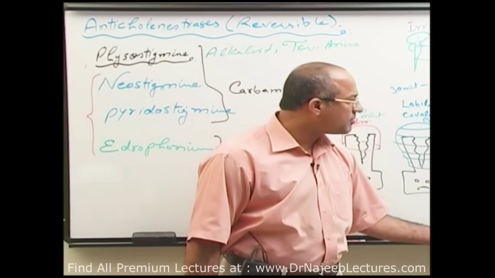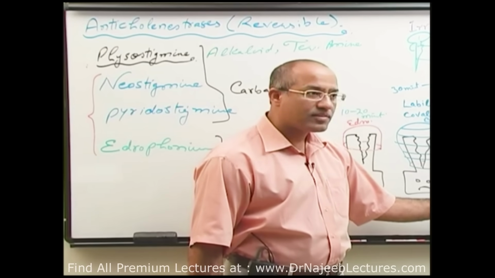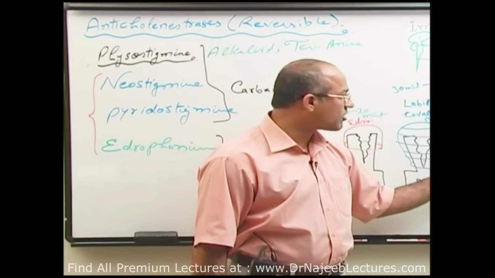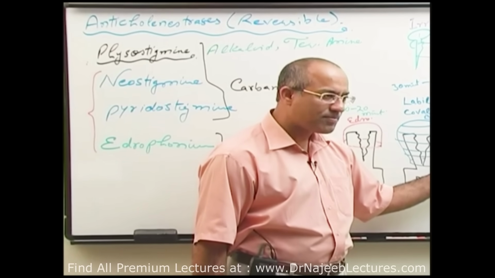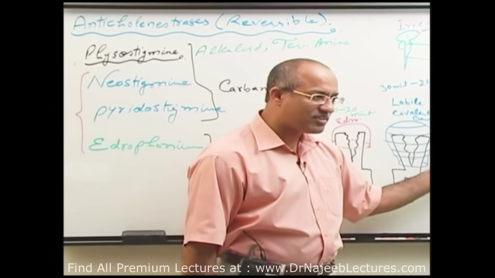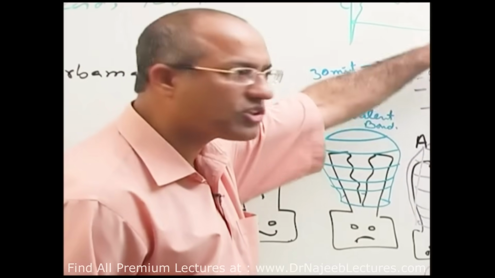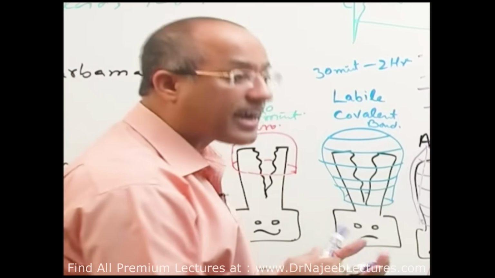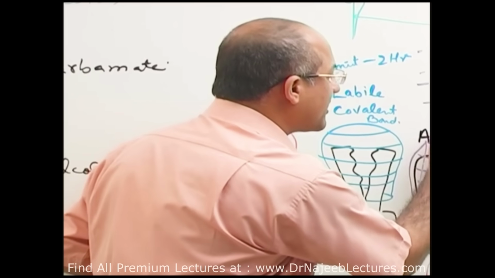Now pralidoxime, how does it function? Pralidoxime binds the organophosphorus compound, the irreversible anticholinesterase drug, right? And it binds and detaches that. But remember, pralidoxime is only effective when aging has not occurred.